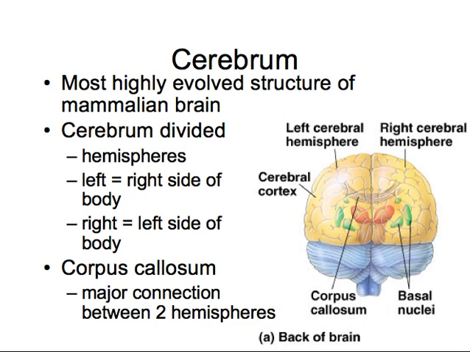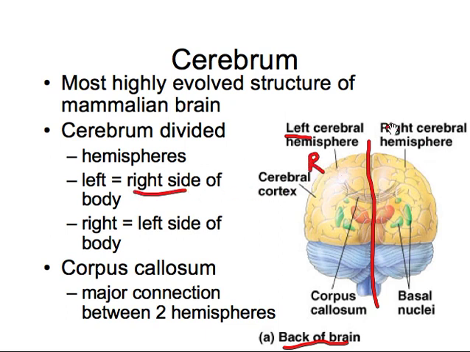Our cerebrum is divided into two hemispheres. So if we drew a line down the middle, and again, we're looking at the back of the brain right here, this is our left hemisphere of our cerebrum. This is our right hemisphere of our cerebrum. Ironically, the left hemisphere controls the right side of our body.